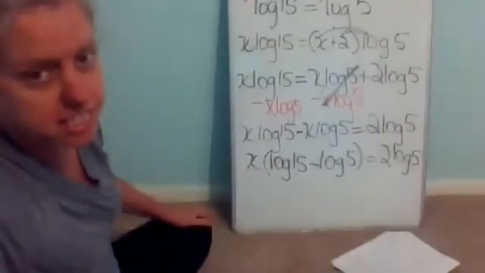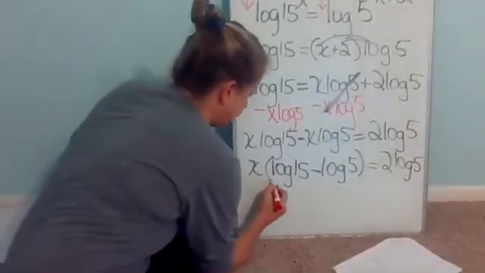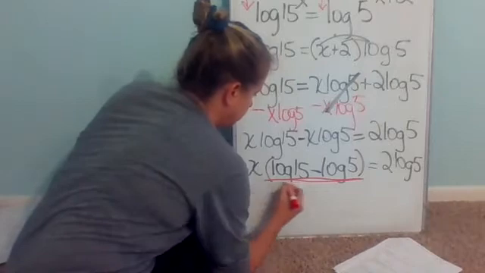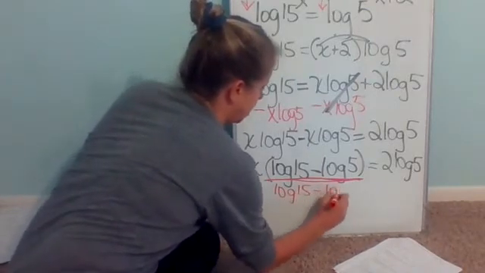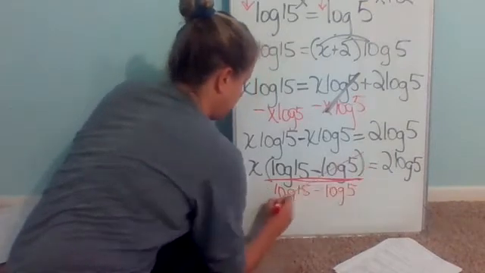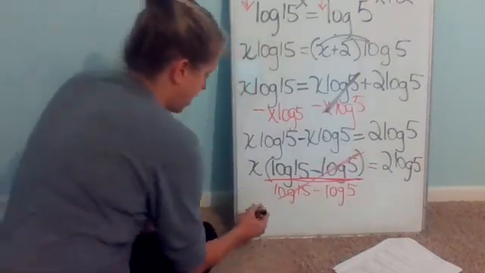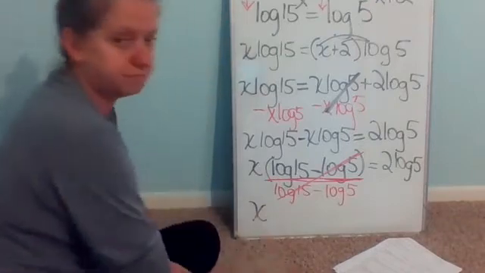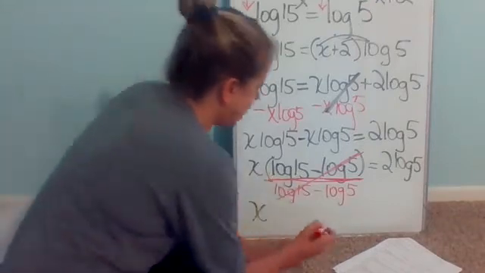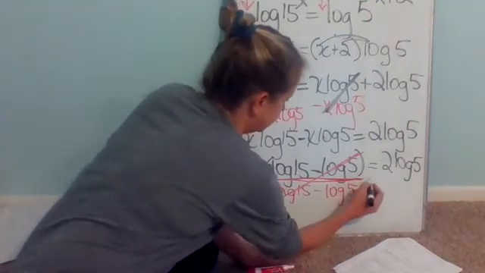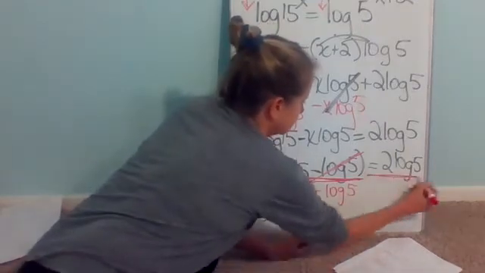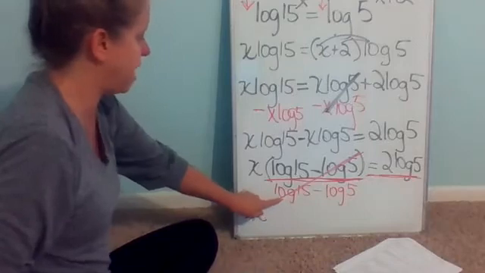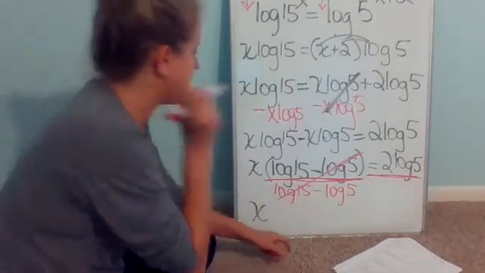Since it's x times all this, I'm going to divide by this whole thing. Divide by log 15 minus log 5 to cancel all that out, which will mean x will be by itself. If I do this side, I also have to do the other side. So I'm dividing this side by the same thing, which is log 15 minus log 5.